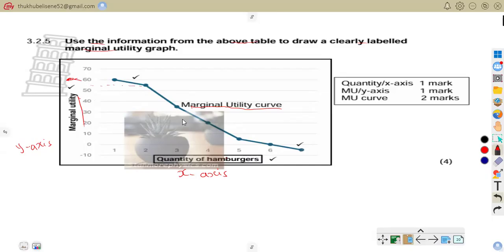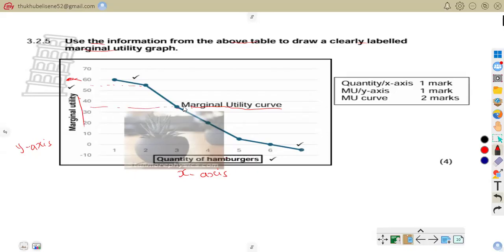But if you go to the third and fourth hamburgers, it gives less satisfaction, somewhere around 35 and 20 here.